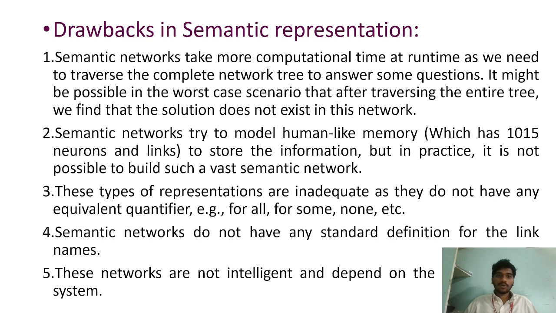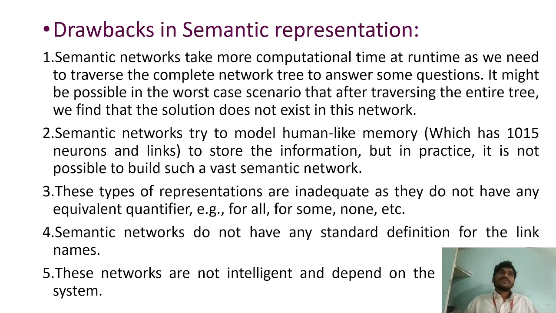We can see drawbacks in semantic representation. Semantic networks take more computational time at runtime, as we need to traverse the complete network tree to answer some questions. It might be possible in a worst case scenario that after traversing the entire tree, we find that the solution does not exist.